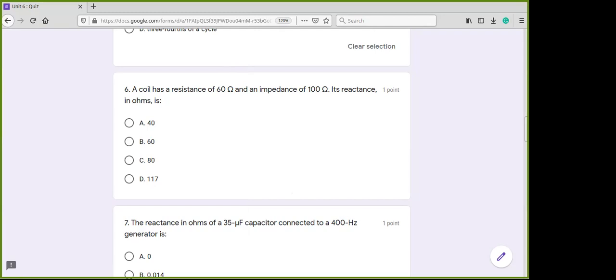How much you got? 116.6. Yes? So, which option is correct in the series significant figure? D. Yeah, option D is correct.